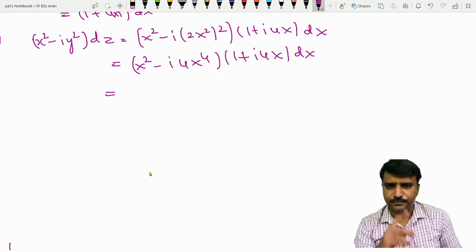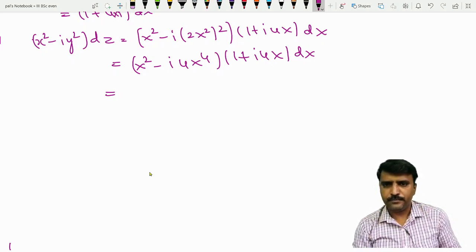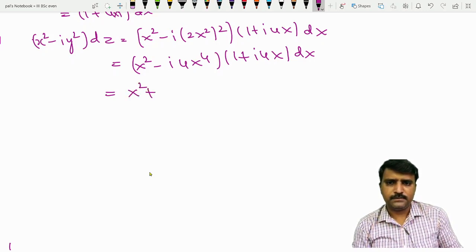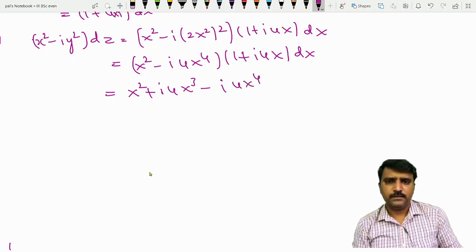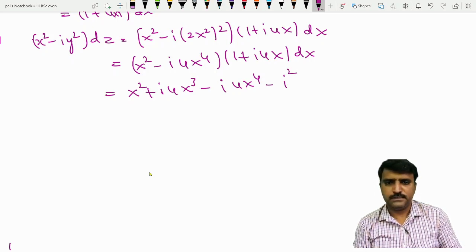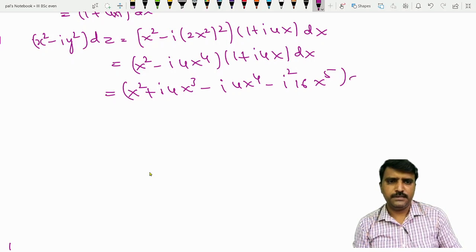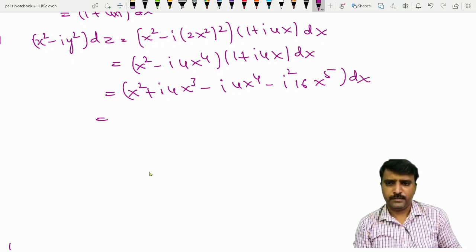Next you multiply these two: x square into this term, it is x square plus i into 4x cube minus i into 4x to the power 4. Next, minus i into i square into 4x to the power 4 into x, 4 4s are 16, it is 16x to the power 5, this into dx.